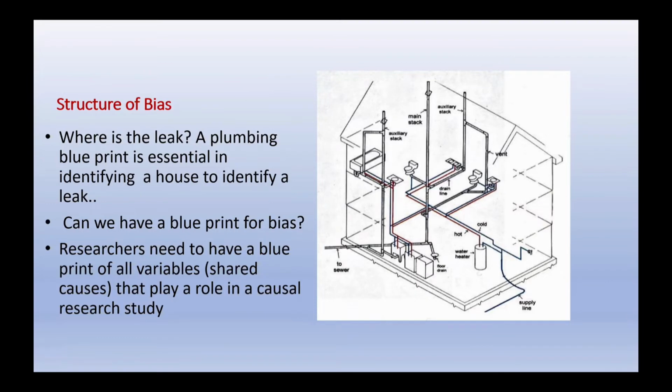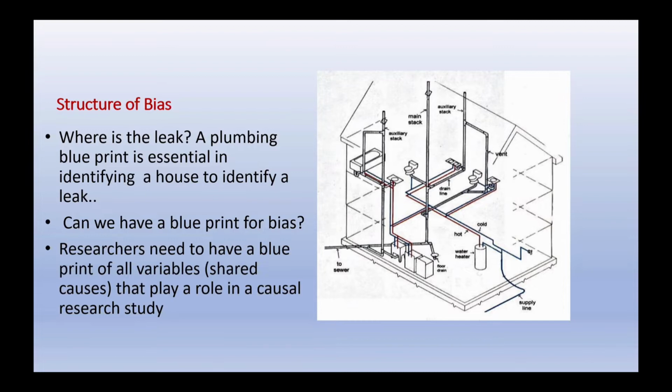So bias is a very complex entity, and it would be great if you could actually visualize it and look at its structure when designing studies or when reviewing other studies, to have a better idea of what these biases are and how to control for them.